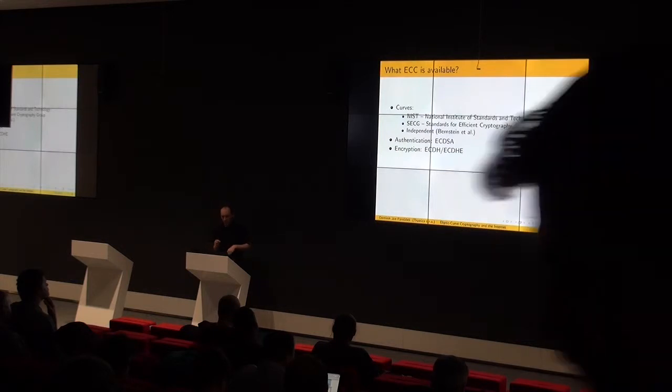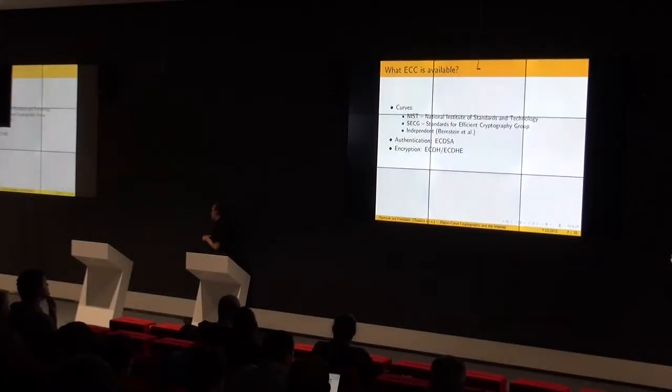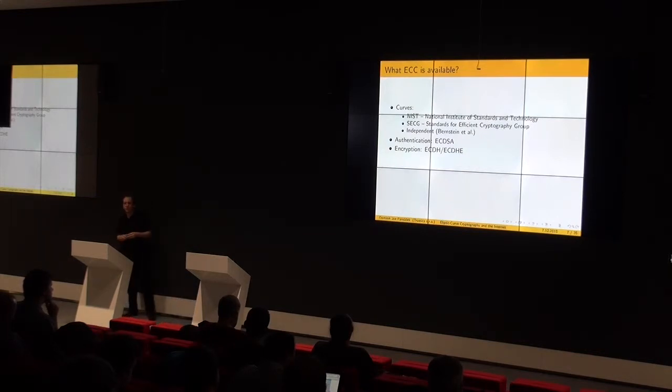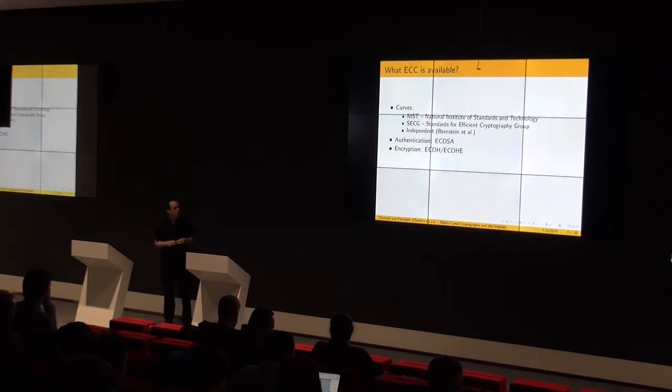Then you got encryption. As I mentioned, elliptic-curve cryptography is about public key cryptography, and so in case of encryption, we use it mainly for key exchange. That is, we use the elliptic-curve variant of Diffie-Hellman exchange, or its ephemeral variant, which generates a new public point for every connection and should give you perfect forward secrecy.